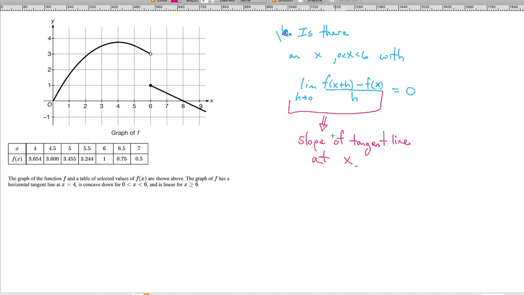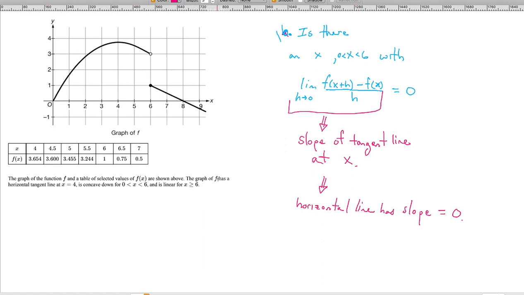Now if this is the slope of the tangent line at x, the next thing we need to know is that a horizontal line has slope equal to 0. And with knowing these two things, the question becomes: is there a tangent line that's horizontal between 0 and 6? Is there a tangent line that's horizontal?